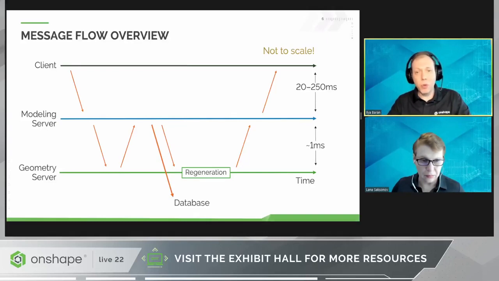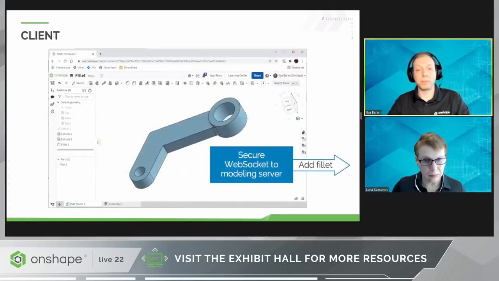If something goes wrong with regeneration and the geometry server crashes, that does not affect your edit. The third thing you can't actually see from this picture, but I'll tell you anyway. And that is that every one of these arrows only represents data that pertains to the fillet. We never send the entire model as part of the communication, and that is key to our performance.